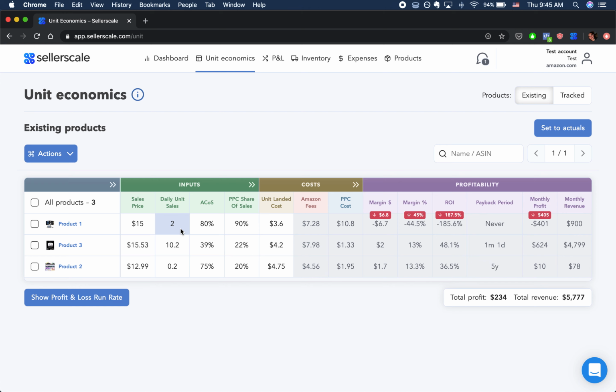But this is not really what you care most about. You really care most about the steady state profitability potential of this product after it ramps up. So let's say you know that your competitors are selling at $30, and you can be in line with them in terms of your pricing, and you can sell maybe 10 units a day.